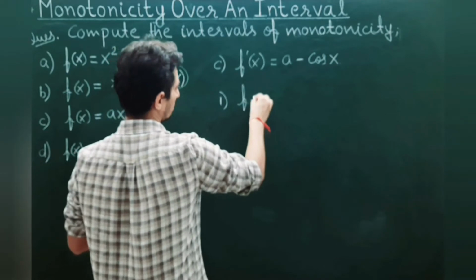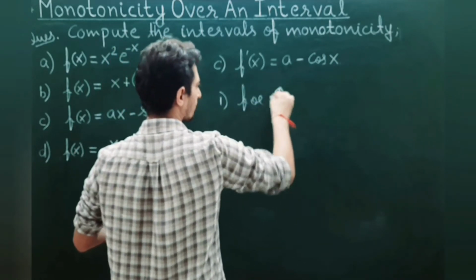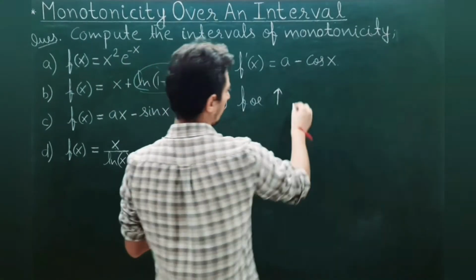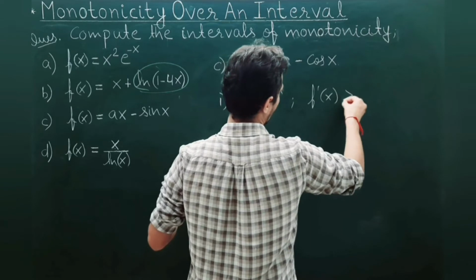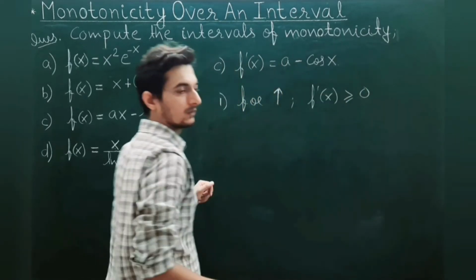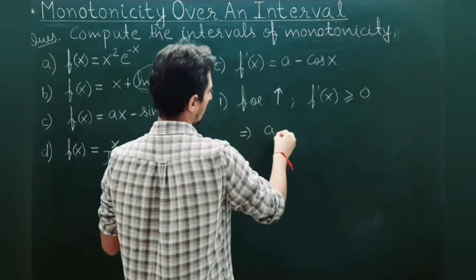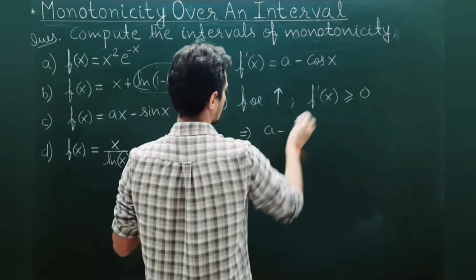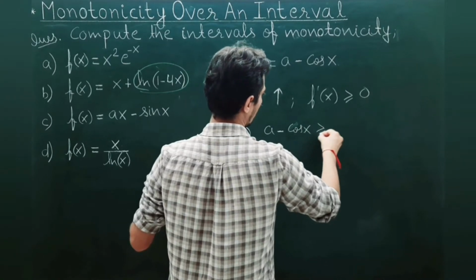For increasing, I know that f'(x) must be greater than or equal to 0. Now here f'(x) is A minus cos x, greater than or equal to 0.